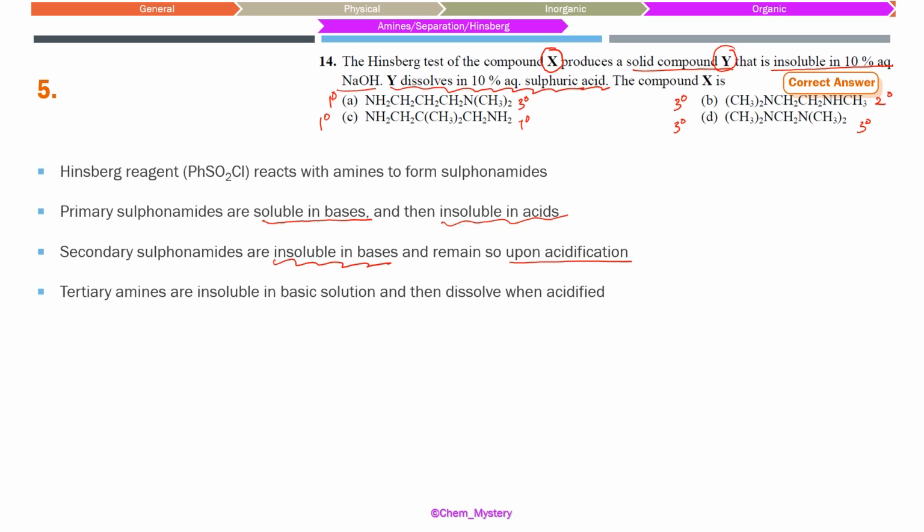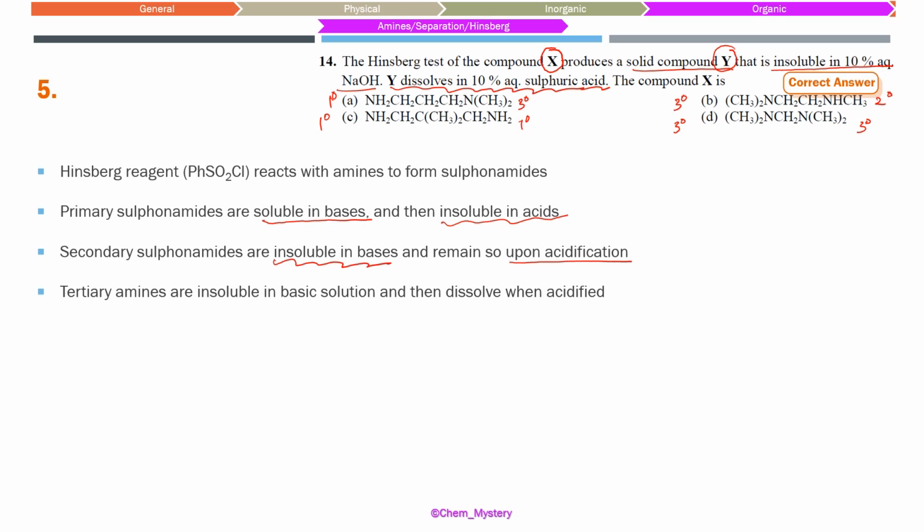Then we think this is dissolving in acid. Why does it dissolve in acid? The nitrogen is basic, and if not enough sulfonamide is formed, or it gets converted back into the 3 degree amine, that is pretty basic, and that should dissolve in the acid.